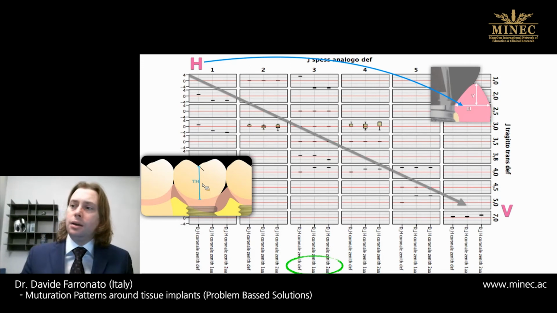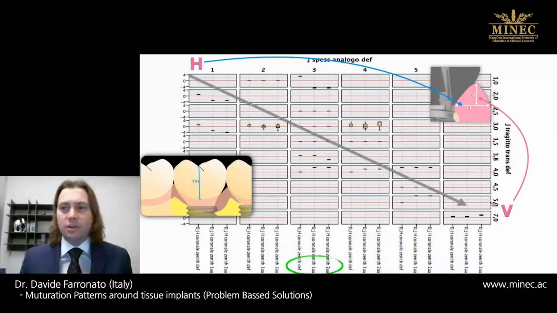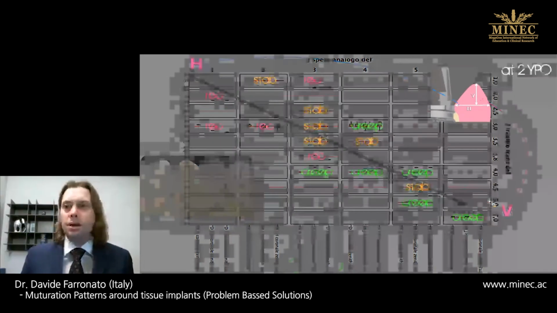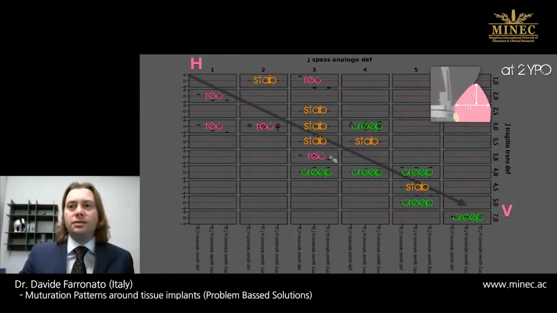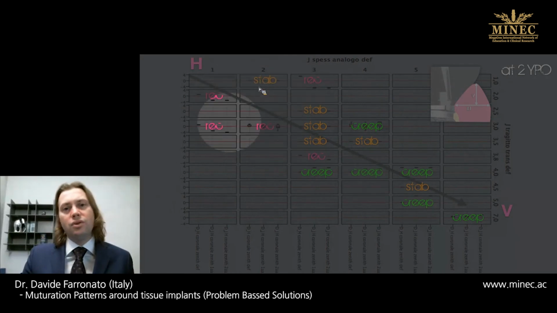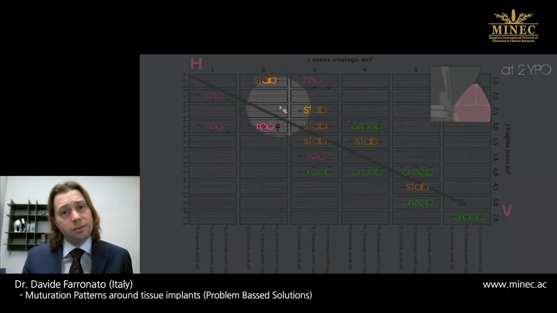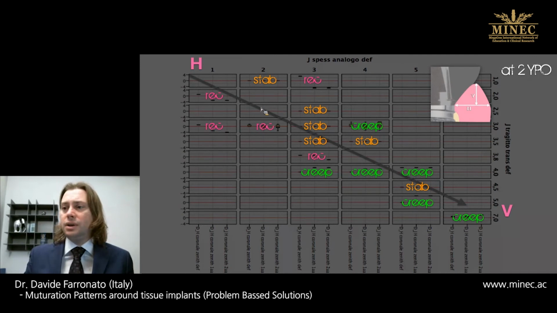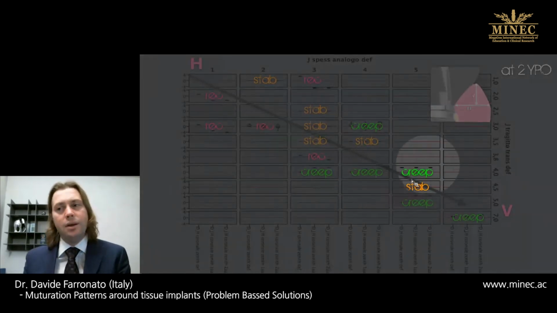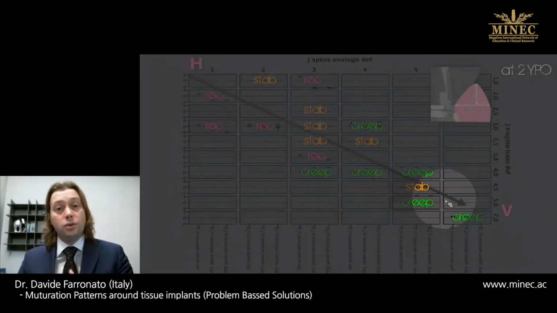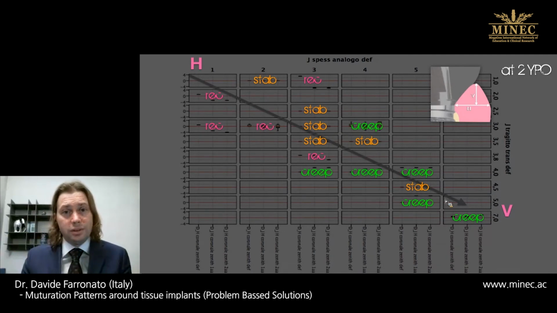And here we measure the height. In this graphic, I give a summary. If you go in this part, you have average recession over years on the implants. If you go in this part of the graph, you generally have creeping, so you increase the volume of the tissue around the implants over time.